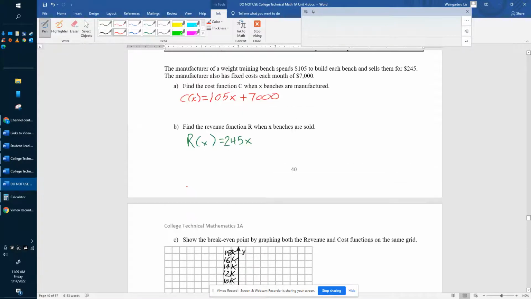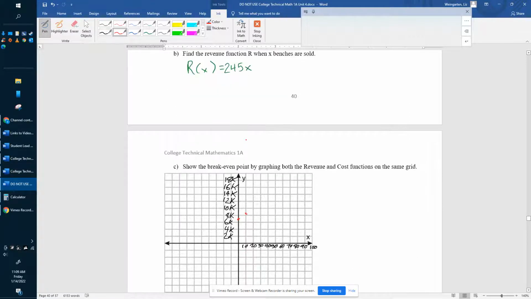What if they built 20? 20 would be 1050 times 2, which would be 2,100, plus 7,000 is 9,100. Right about here. How about, let's go 50.